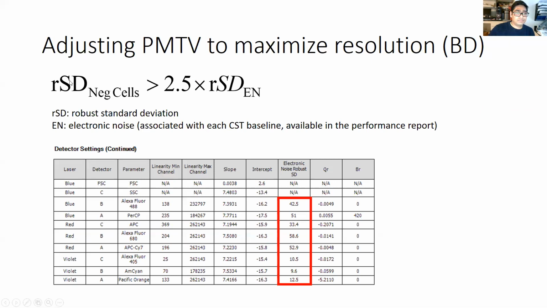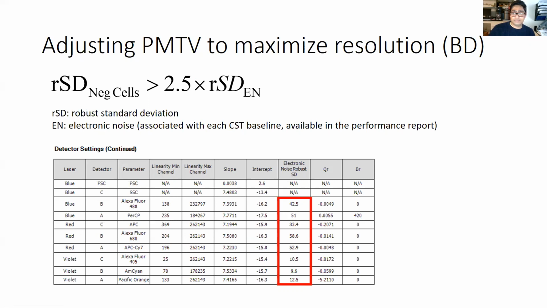When you adjust the PMT voltage, make the negative cell robust standard deviation bigger than 2.5 times the robust standard deviation of the EN, which stands for electronic noise. Each channel's electronic noise we can read directly from our performance report. Now we just do a simple calculation, 2.5 times each channel. Then we adjust the PMT for each channel.